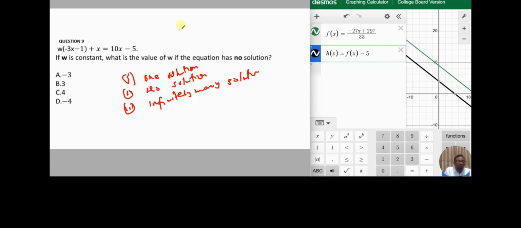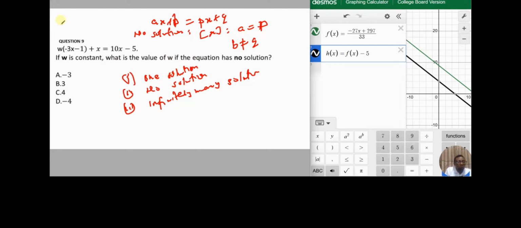So if ax plus b is equal to px plus q, it will be no solution if the coefficients of x are equal, that is, if a equals p, and if the constants are not equal, if b is not equal to q.